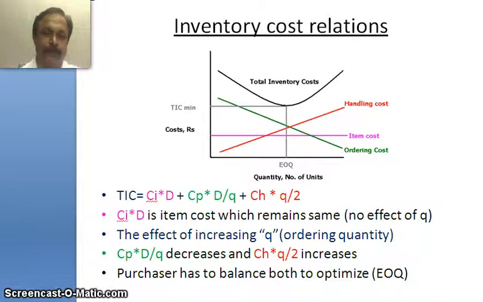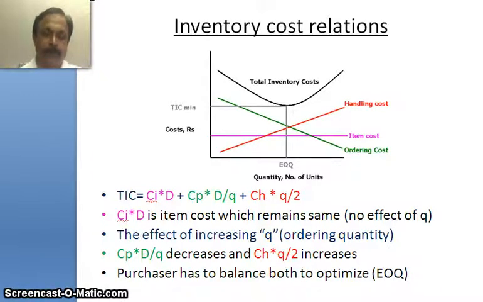Now let us try to build the cost relations of the inventory cost. If you draw the graph of cost versus the quantity, the item cost, that is CI into D, will remain constant irrespective of the ordering quantity.